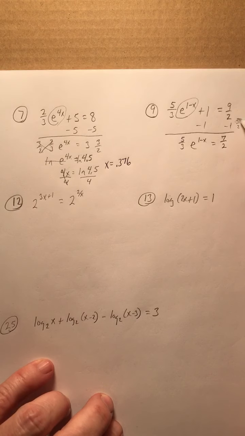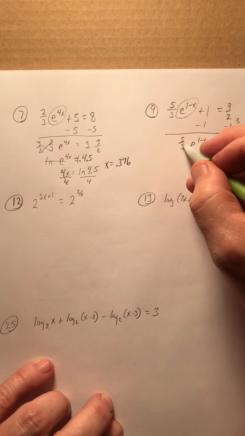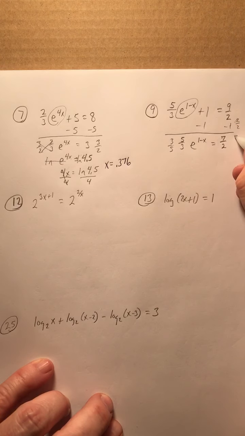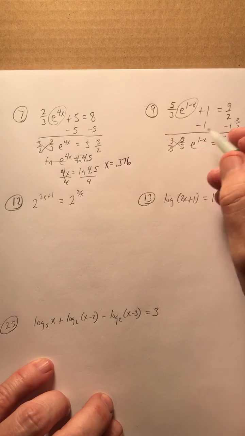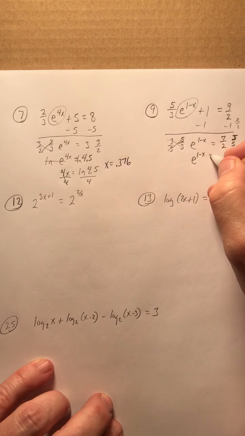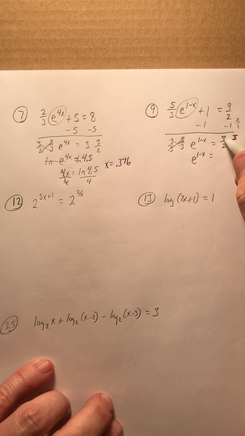And then I got to get rid of this, so I'm going to multiply by 3/5. They cancel out. And now I have e to the 1 minus x equals 21/10, which would be 2.1.